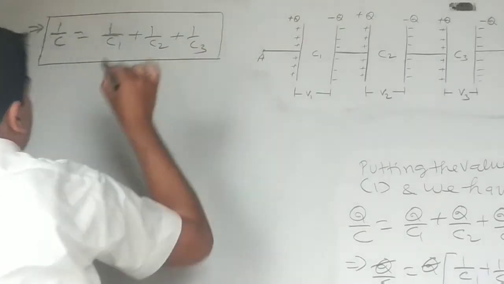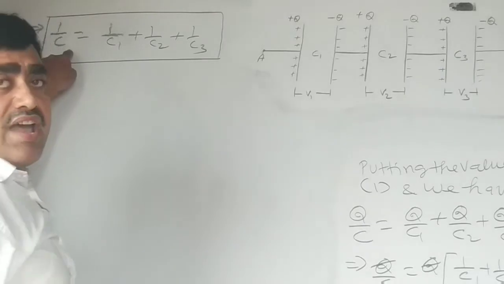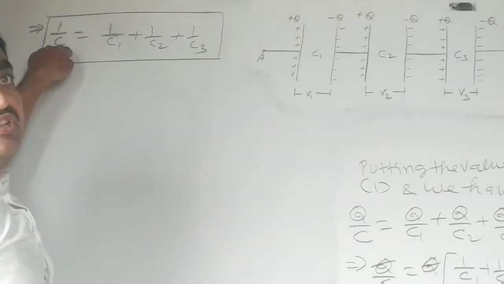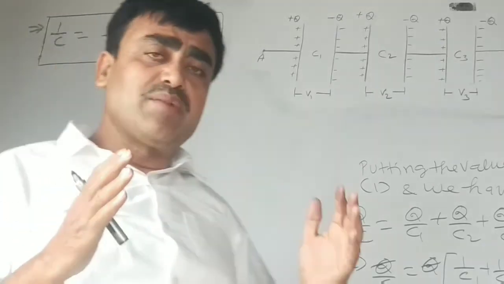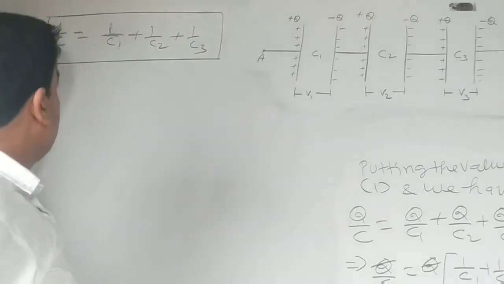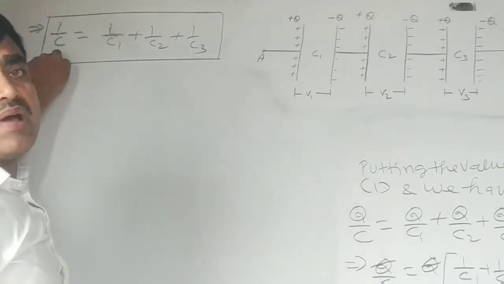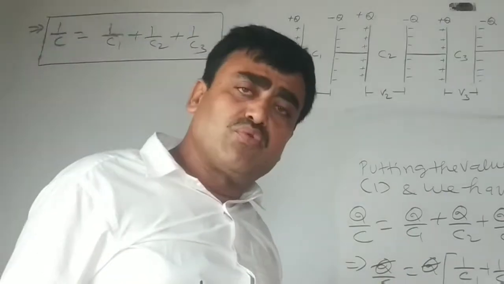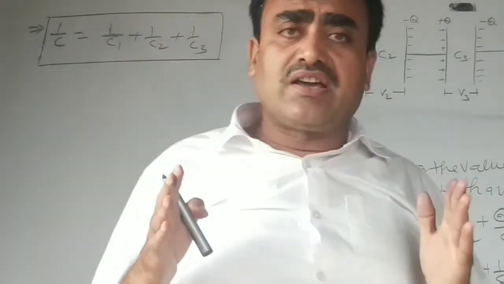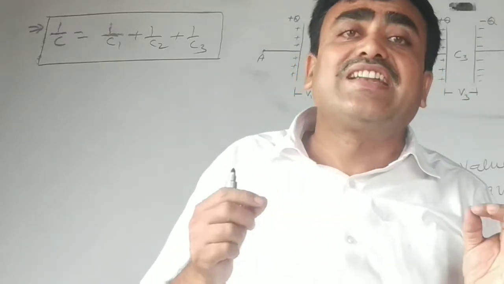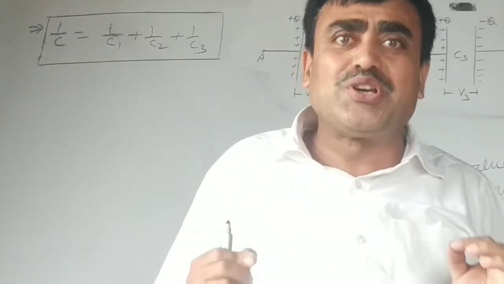This is the expression of equivalent capacitance. In the case of three capacitors connected in series combination, the reciprocal of equivalent capacitance is equal to the sum of reciprocals of capacitances of all capacitors connected in series combination.